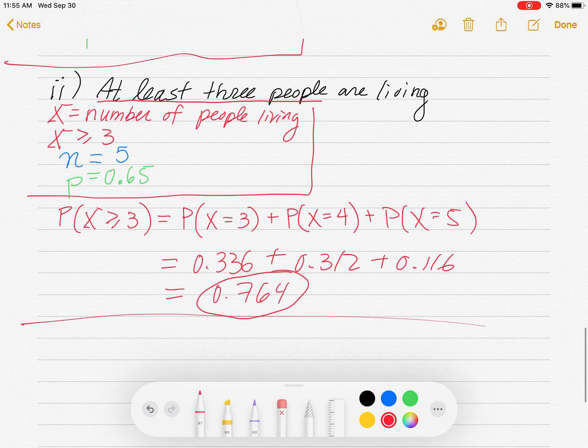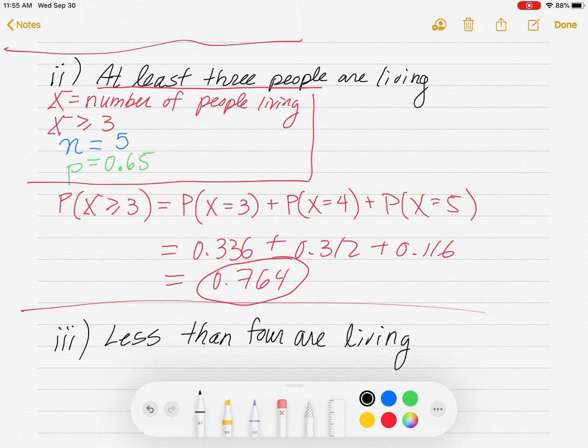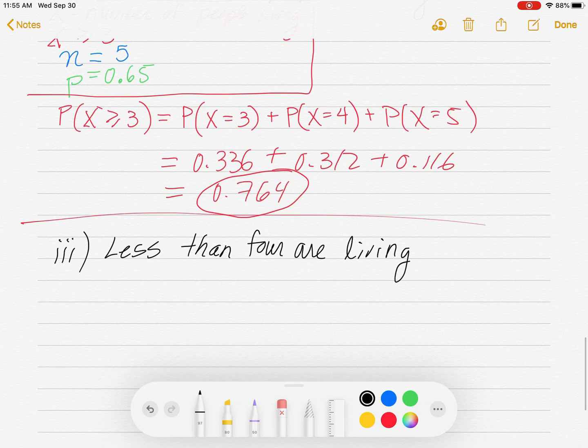All right. How about the probability that less than 4 are living? Okay, so x is our binomial random variable.